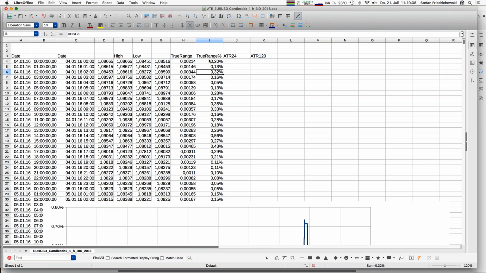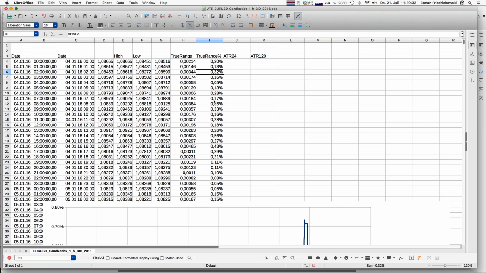The absolute value doesn't tell you that much, so we have to do it percentage-wise based on the close value, for example. You can use the high or low. That doesn't change the numbers very much.